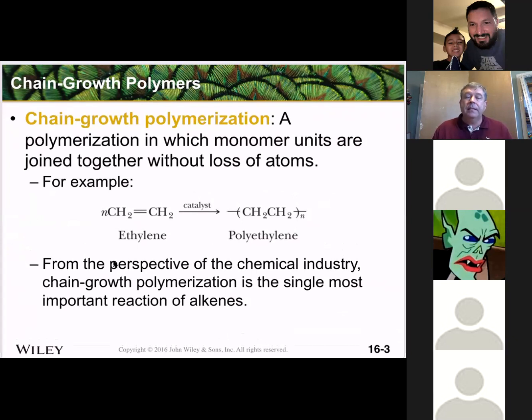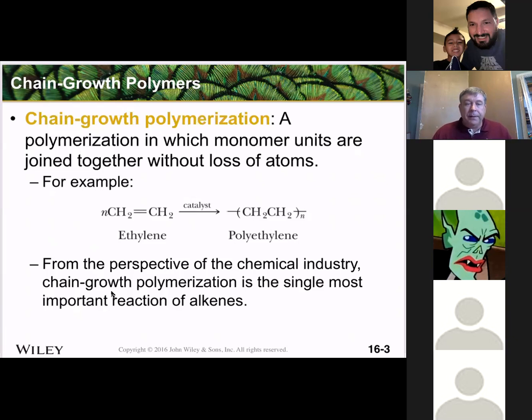In this case, we have all the exact same atoms in the monomer that we have in the polymer. We haven't lost anything. A lot of chemical industry loves this because you don't lose any mass when you make the material. It all goes to polymer. You start with 100 pounds of ethylene, you end up with 100 pounds of polyethylene. So it's very efficient in the way it uses the molecules.